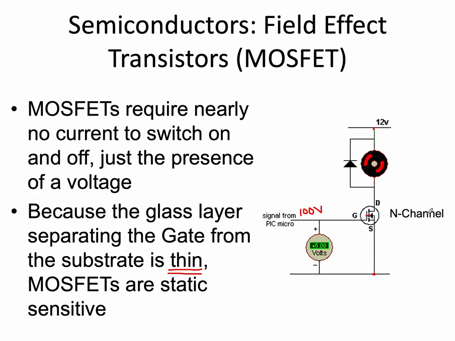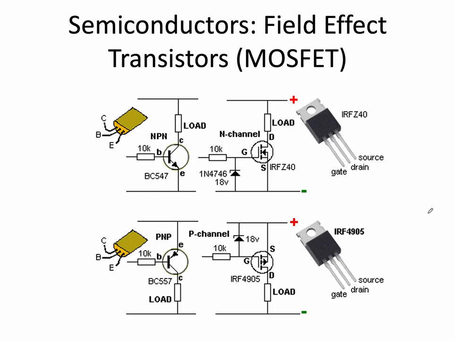Which is why, for example, all memory chips are made out of MOSFETs. All CPUs are made of MOSFETs, which is why you always ground yourself before you replace memory chips or CPUs inside of your computer, or if you're sticking in a GPU card. They're all very, very sensitive because of the very thin glass layer that's between the gate and the rest of the device.